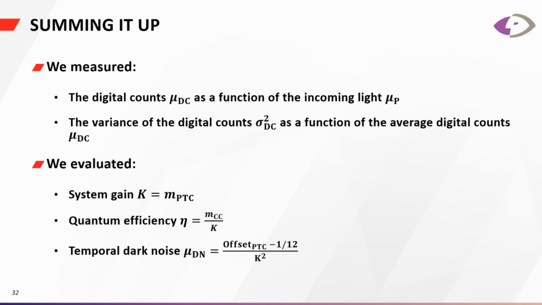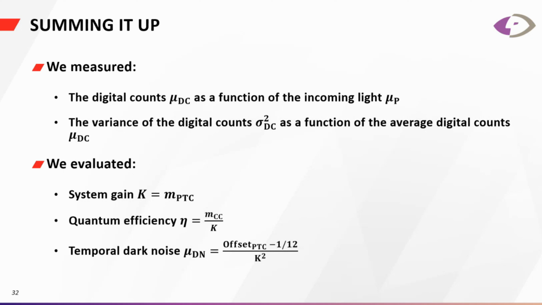And we evaluated the temporal dark noise, which is the offset of the photon transfer curve minus that 1/12 factor divided by the system gain squared. So this is why we introduced the system gain, where we need the system gain in order to evaluate quantum efficiency and temporal dark noise, which are absolutely crucial to understanding sensitivity of digital cameras.